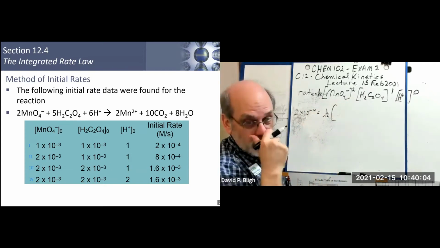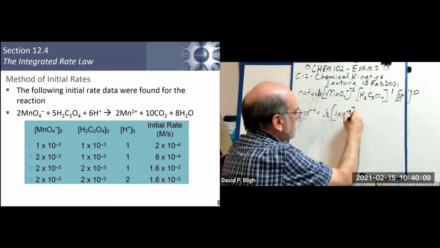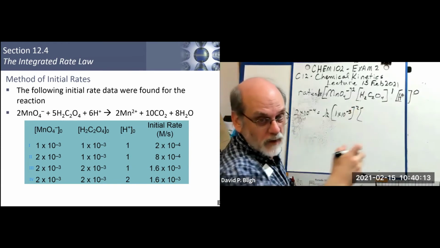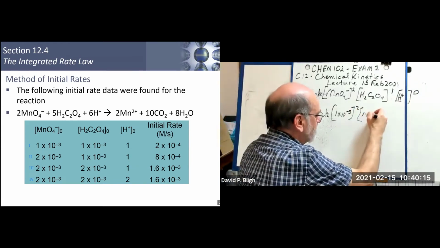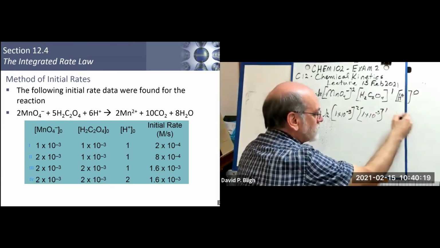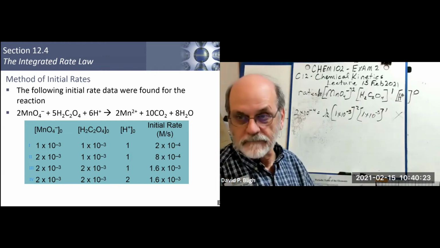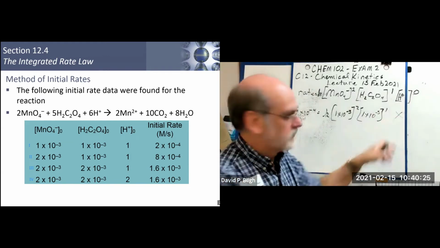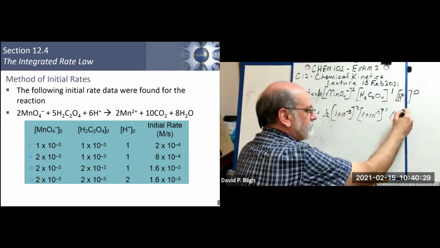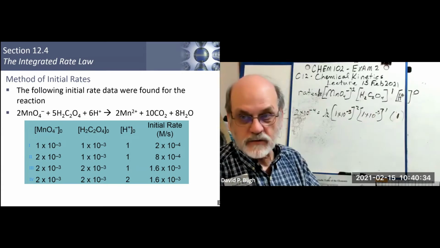And this one is 1 times 10 to the minus 3 squared. And this one is 1 times 10 to the minus 3 to the first power. And that one doesn't matter, right? Because anything to the 0 power is 1. So I shouldn't put an X, I should put just 1. Right? So that concentration doesn't matter, no matter which one we use.